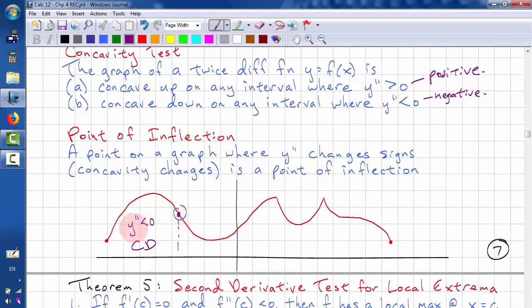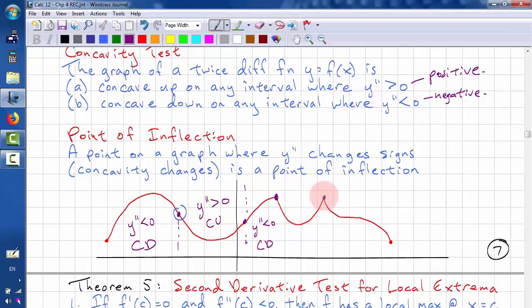For example, the second derivative here is negative, so that's concave down. We have another inflection point here, and here the second derivative is greater than 0, so this is concave up. Here the second derivative does not exist, and here we have the second derivative is less than 0, so that's concave down.